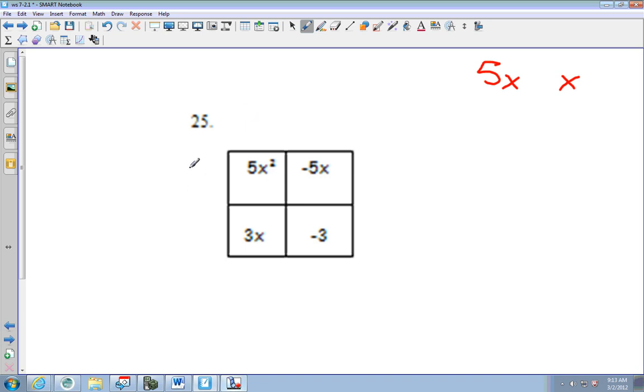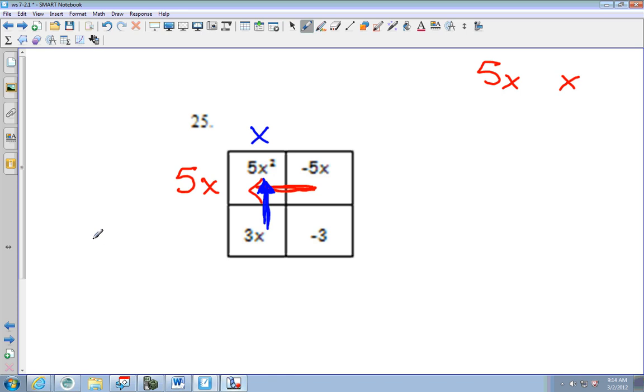It does matter. In this case, it does matter. Out of these two boxes, what is the greatest common factor? What goes into both of them? 5. So the 5 goes out here. 5x goes here. Because out of these two boxes, what's the GCF in these two? Just the x.